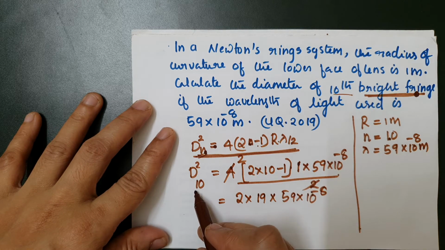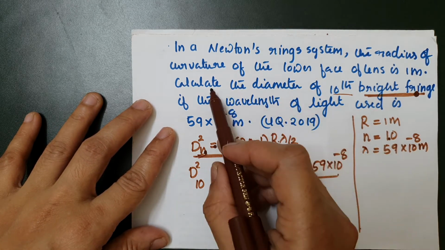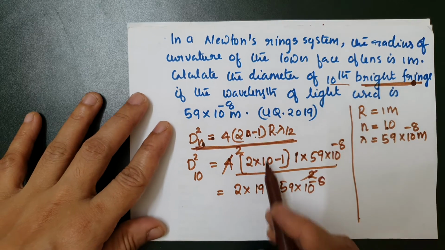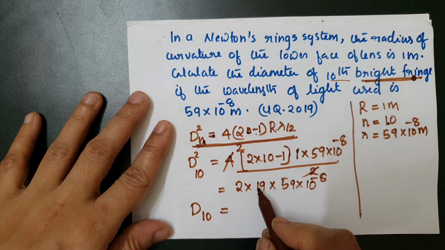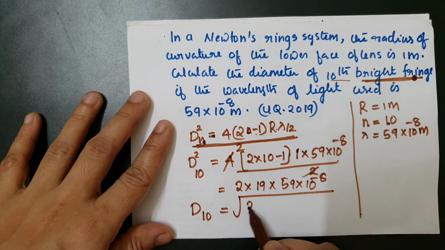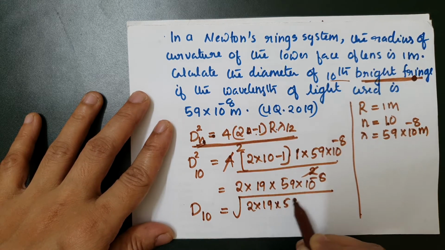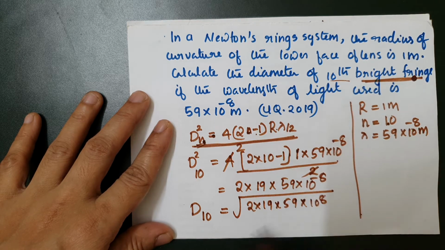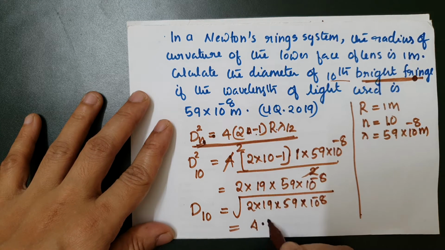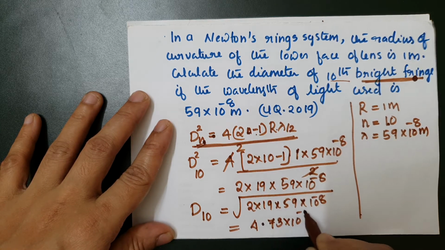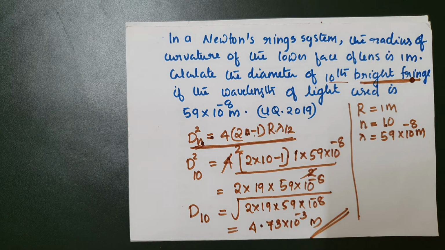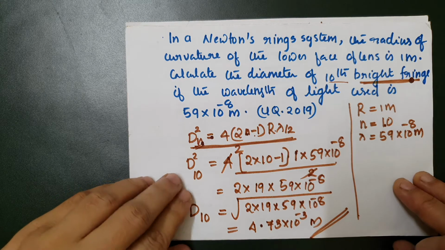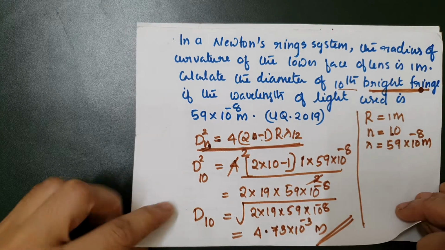This is the value of d square 10. So we have to find the diameter of the 10th ring, d10. This will be the square root of 2 into 19 into 59 into 10 raised to the minus 8, and finally this value is somewhat 4.73 into 10 raised to the minus 3 meter. This is the diameter of the 10th bright fringe, d10.